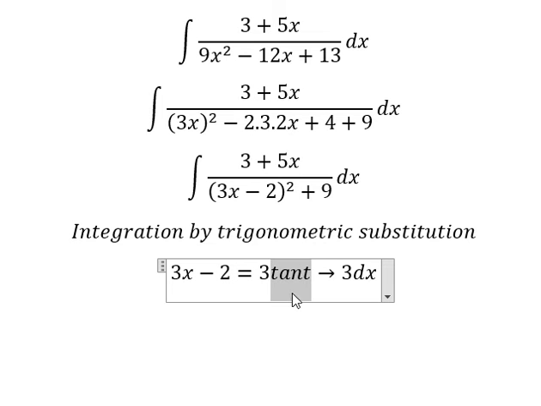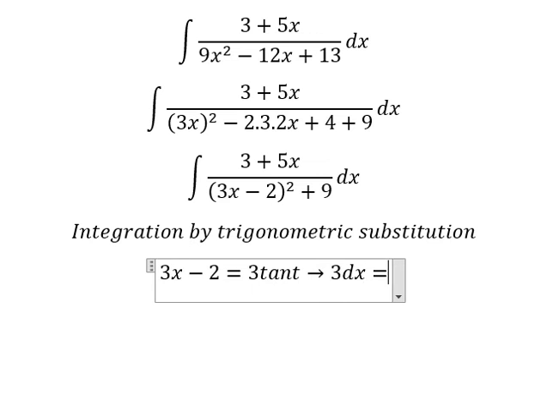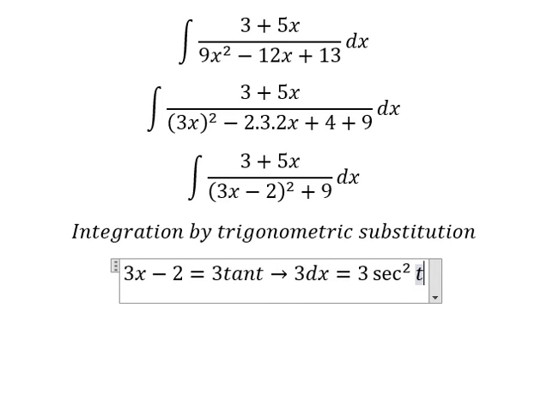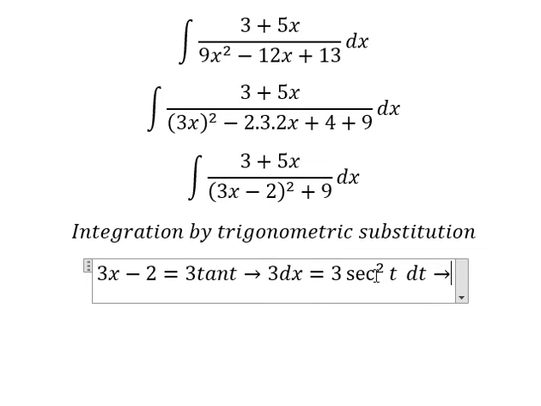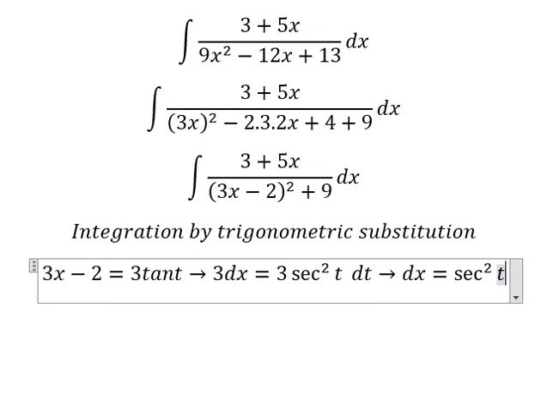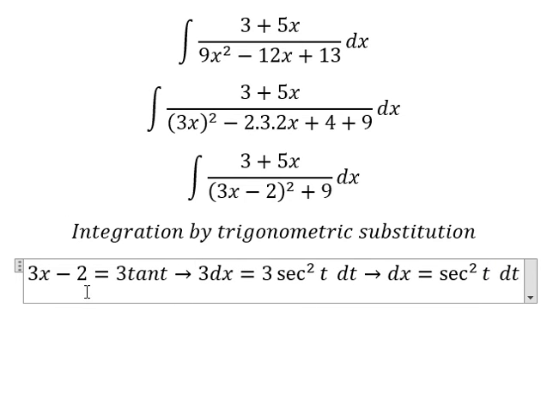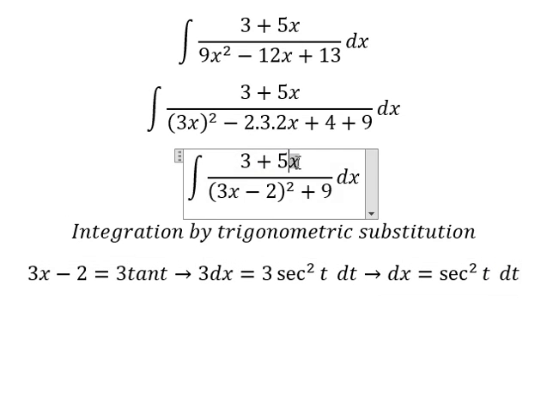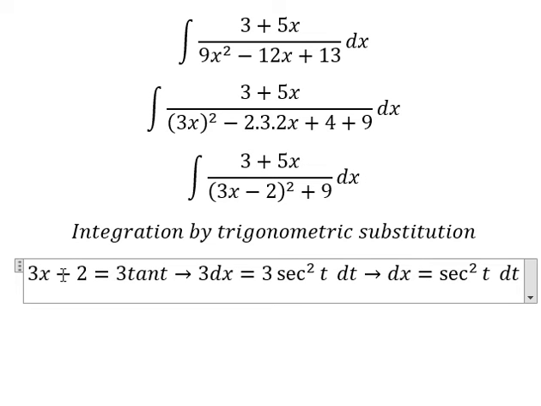The first derivative of tan t is secant of t squared dt, and later we simplify number 3 on both sides. Next, because we have x in here, I will move negative number 2 to the right, and later we divide both sides by number 3.